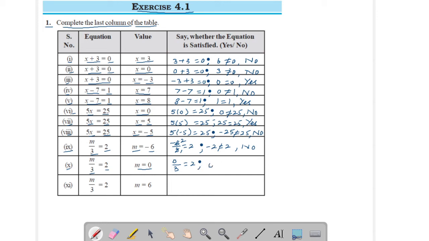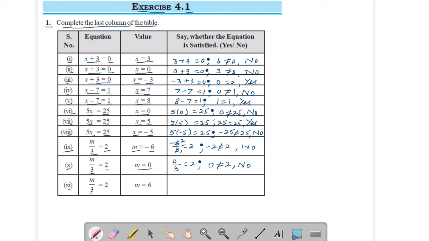It is 0, which is not equivalent to 2. Therefore the left hand side is not equivalent to the right hand side. Therefore this value does not satisfy the given equation. Your answer is no.